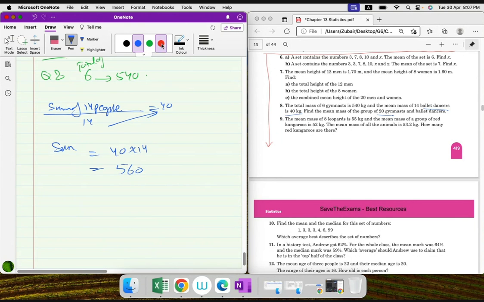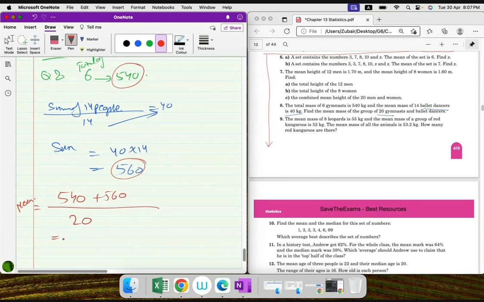Now, who will tell me the total mass of 20 people? The mass of those 6 people was 540, sir, and the mass of these 14 people is 560.